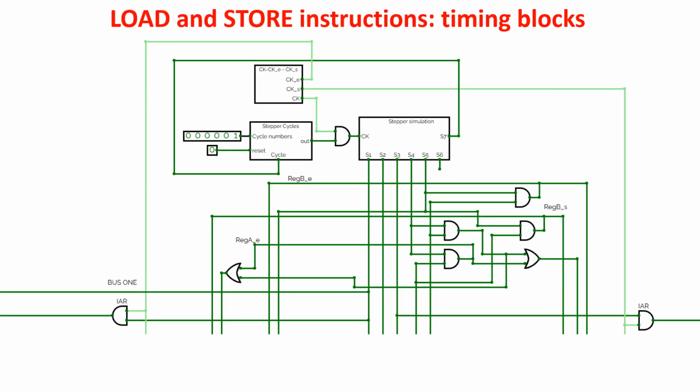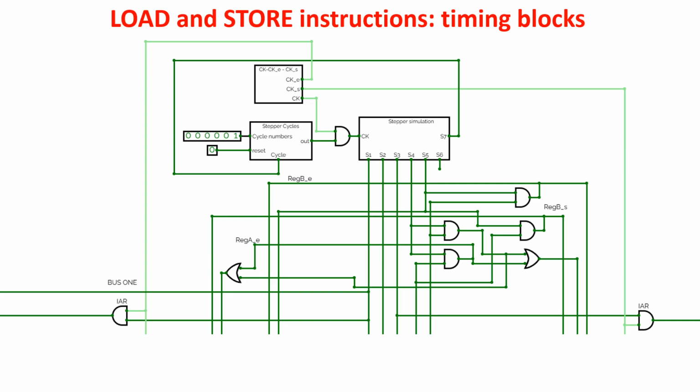Let's see in more detail the timing blocks, so the clock generator, which also generates clock enable and clock set, and the stepper. The stepper is composed of 6 steps lasting a clock period each. Scott CPU uses this stepper to give the right sequence to all the operations the CPU has to do.